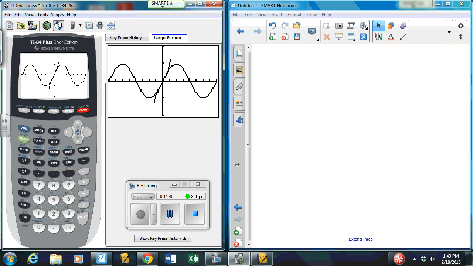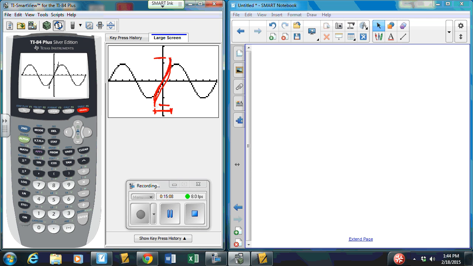Notice that it's between negative 1 and positive 1, and it's between negative pi halves and positive pi halves. They restrict this, so that is the sine inverse function if you graph it in your calculator. Any questions on that?